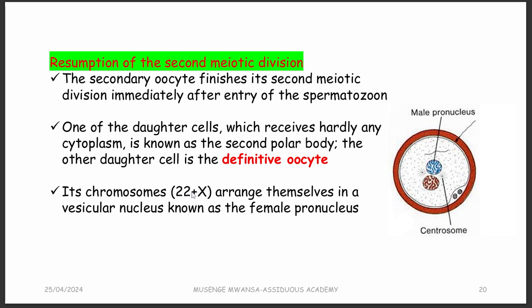So this 22 plus X is known as the female pronucleus, which will merge with the male pronucleus, which can be 22 plus Y or 22 plus X, because a sperm can have either the X or the Y. That will determine whether you're going to give birth to a male or a female. Up to this point, are we good?